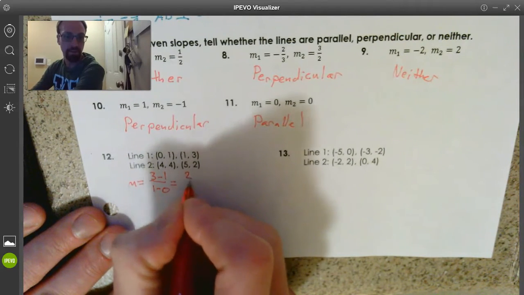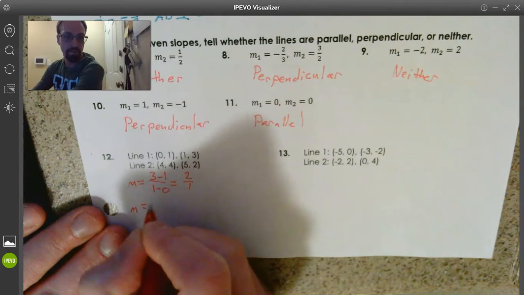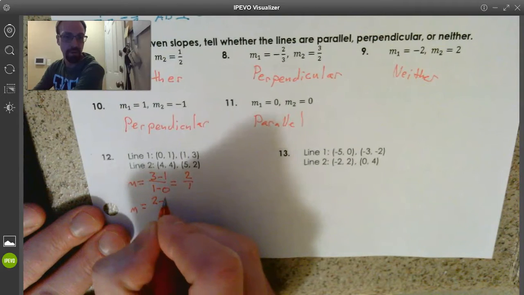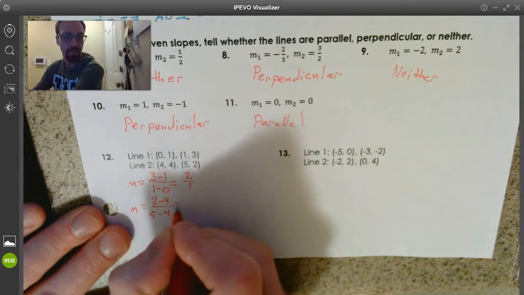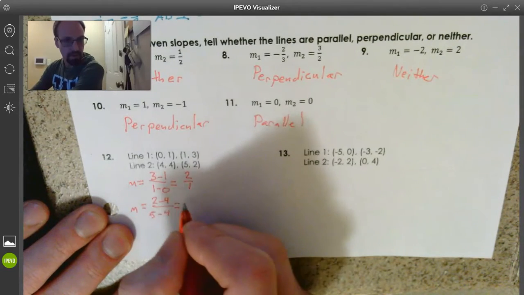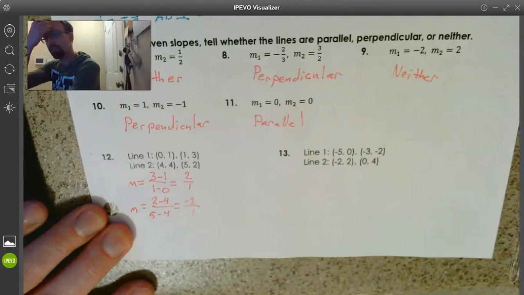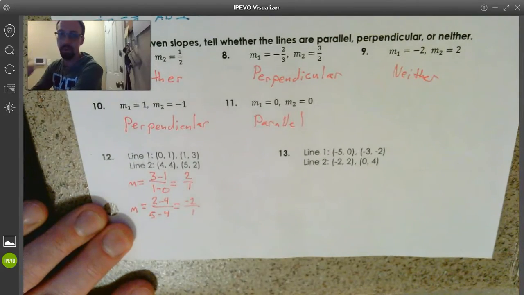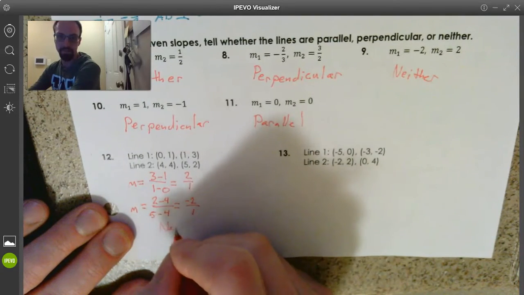So that reduces down to 2 over 1, or just 2. And then the slope of line 2 is 2 minus 4 over 5 minus 4. So let's see, 2 minus 4 is -2, and then 5 minus 4 is 1. So this reduces. So I've got 2 and -2. This is very similar to the one from above. So this is actually neither.